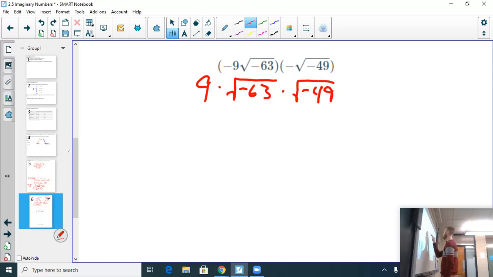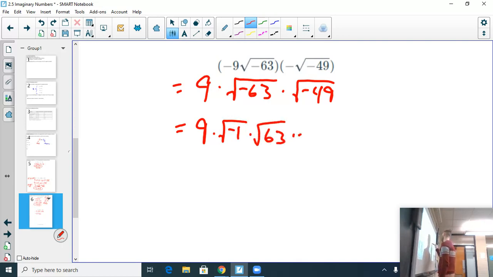And then let's take that piece by piece instead of working with a huge number like that. So again, we can break this up to the negative 1 times 63 and the negative 1 times square root of 49. Well, now look, now we have 9i, right?